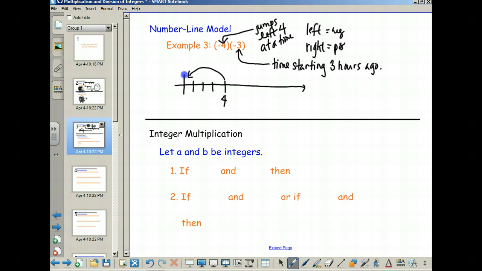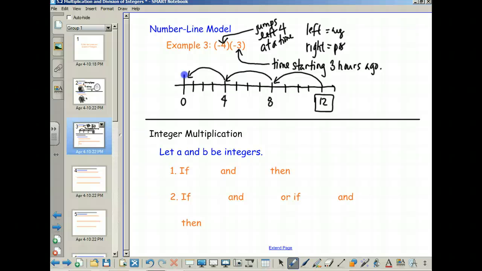But I'm supposed to do this 3 times. So an hour before that, 2 hours ago, I would have been at 8 when I moved 4 to the left. And then an hour before that point in time, I would have been at 12. So the 12 is my solution, because I started 3 hours ago. I was 12 to the left of 0.